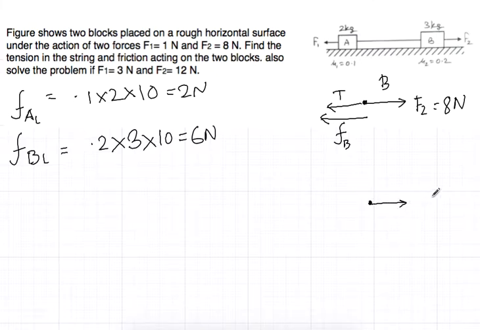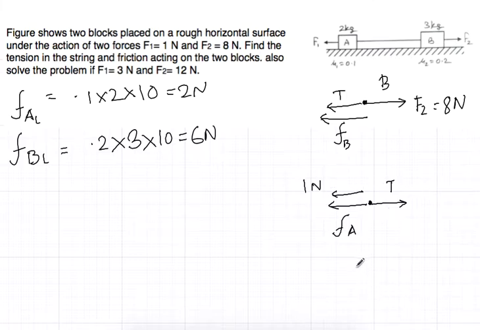Alright, let's go to A. What is the frictional force? If this body is going probably in this direction, the frictional force will act in the opposite direction. So this is FA, T, and there is F. F is 1 Newton.